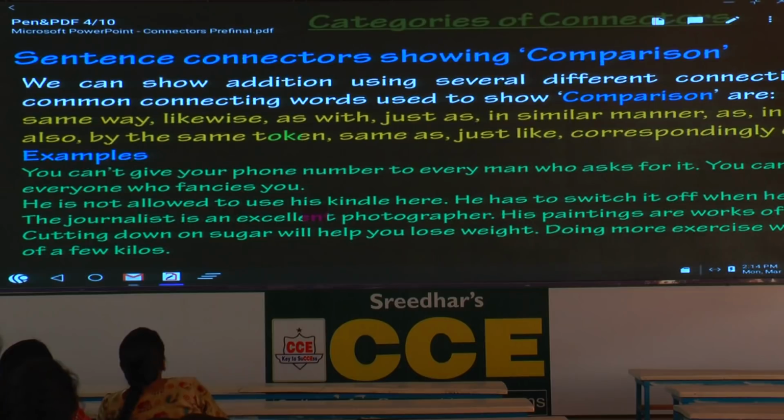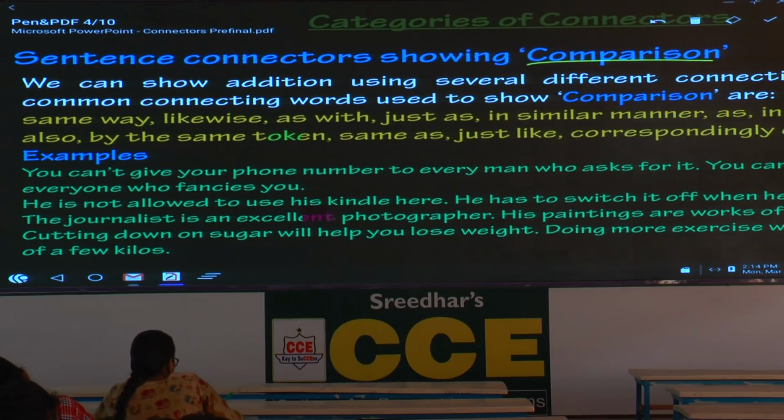Sentence connectors showing comparison. Showing what? Underline the key word comparison. We can show addition using several different connecting words. That is a standard expression. Only the key word here, actually it is not addition.